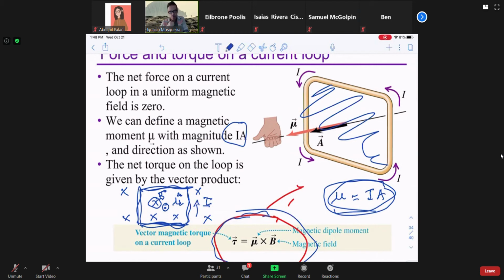One points out, one goes in, so the angle in between is 180. Sorry, not 360, it's 180. That means anti-aligned, and the sine of that is 0. So when they're aligned or anti-aligned, the angle gives you a sine of 0, so there is no torque.